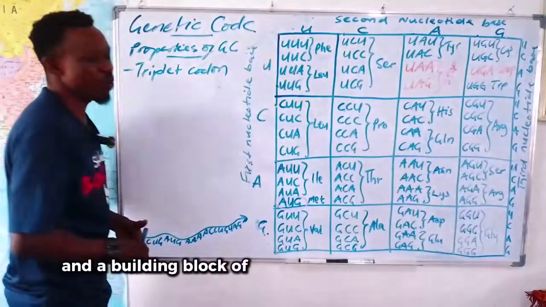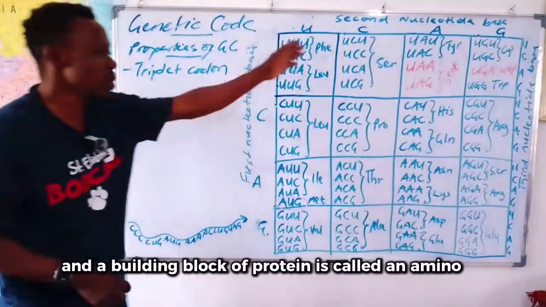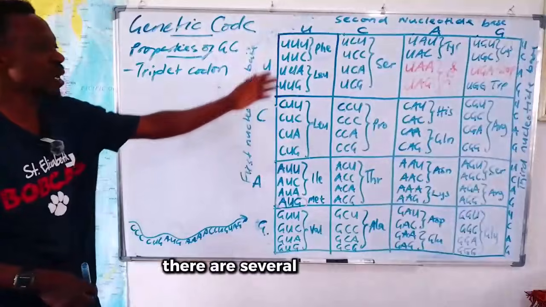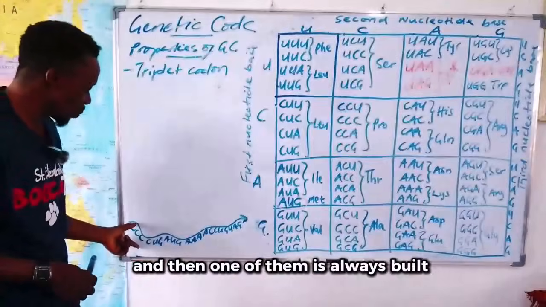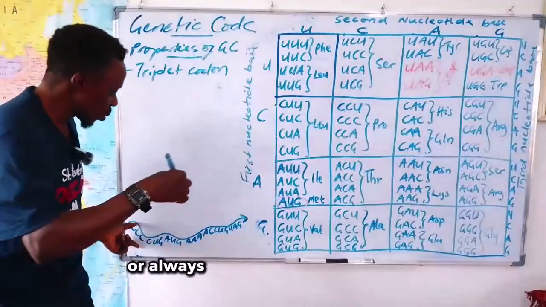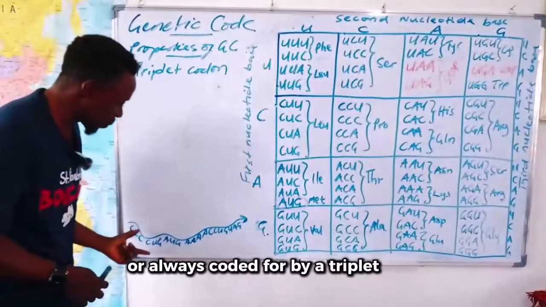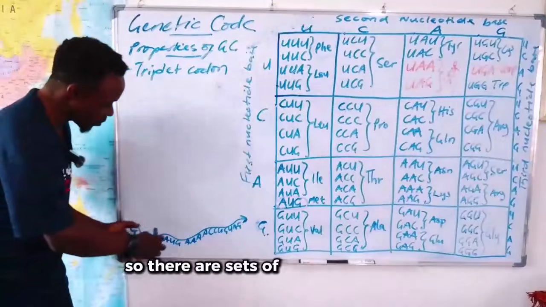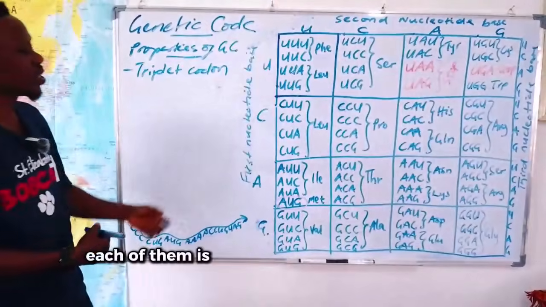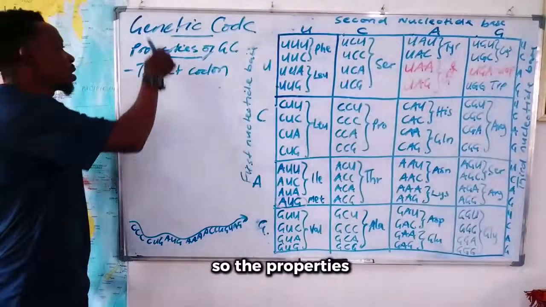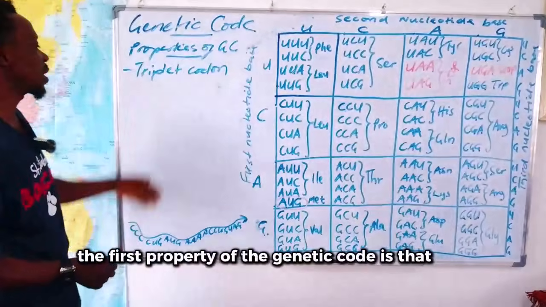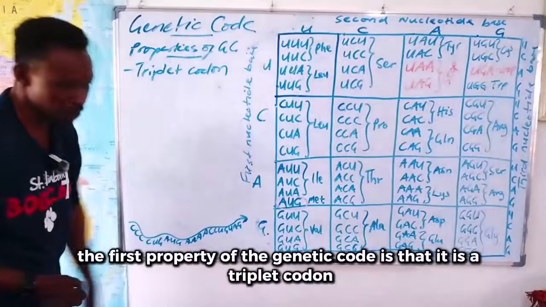And a building block of protein is called an amino acid. There are several amino acids, and each one is always coded for by a triplet codon. So there are sets of triplet codons here, and each of them is going to code for a corresponding amino acid. So the first property of the genetic code is that it is a triplet codon.